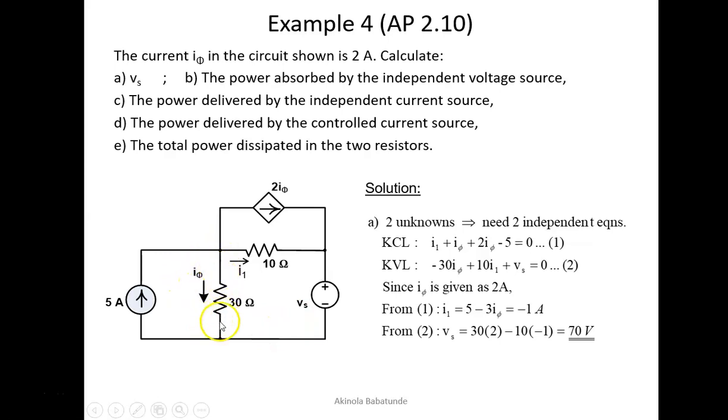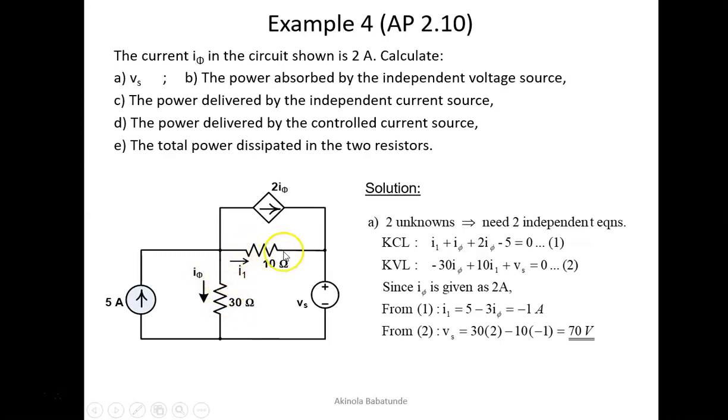I file is flowing down, our path is flowing up, because I file is flowing against the path that we have created. The voltage across this circuit element, this resistance, will be IR, and the R is 30, I is I file. If you multiply both, it becomes minus 30 I file. That is why we have minus 30 I file here as a voltage across this circuit element.